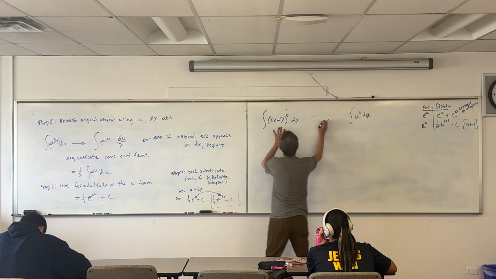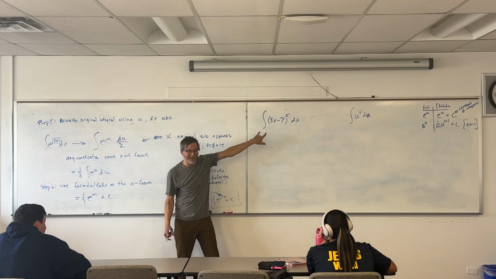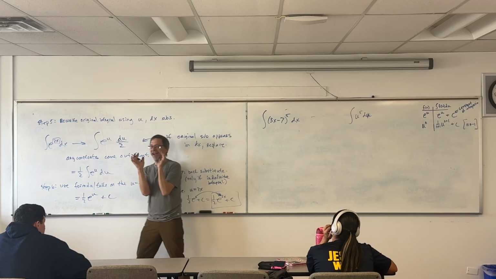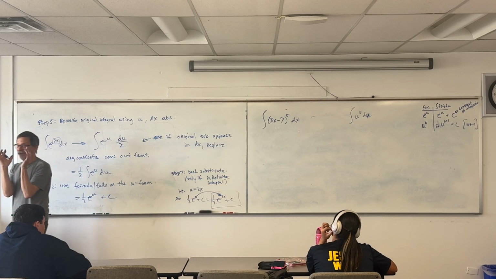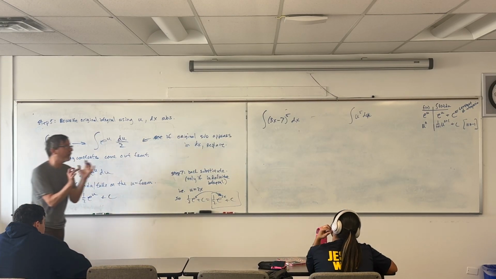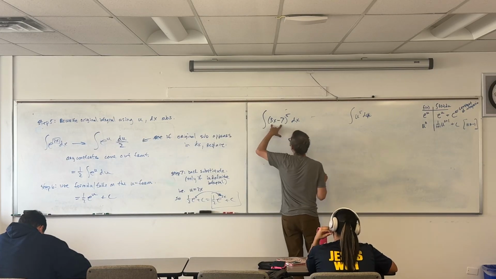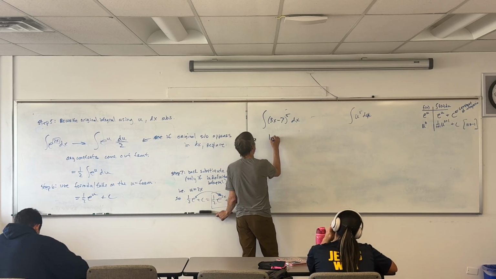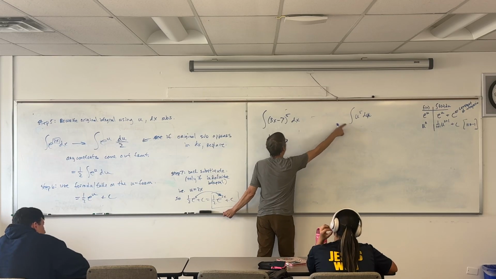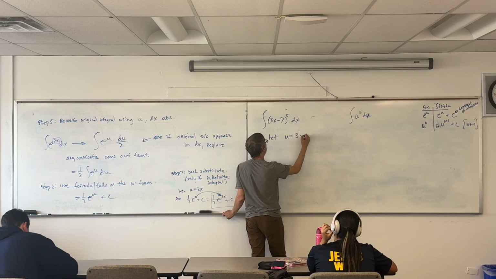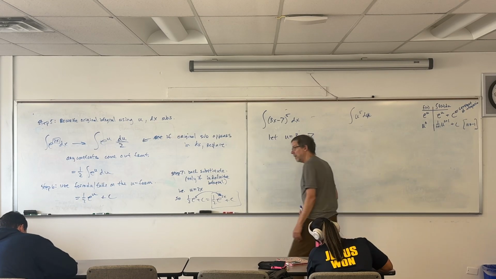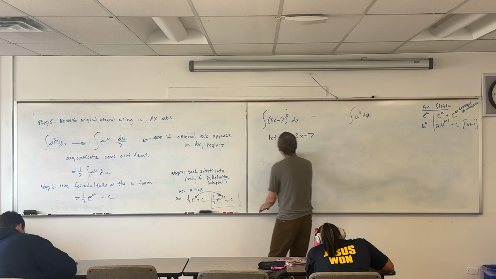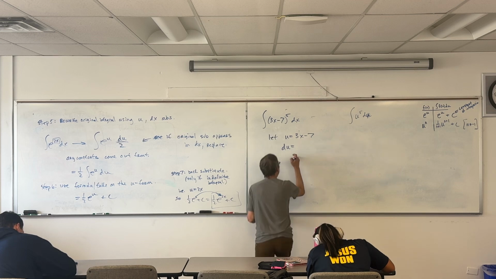So it looks like this. When you see parentheses in the integral, your u is probably lurking inside the parentheses. This is just an experience thing that you'll learn to see: the best bet is this. So let's go through. Thinking that it feels like that, I'm going to let u equal 3x minus 7. And then I find my du.